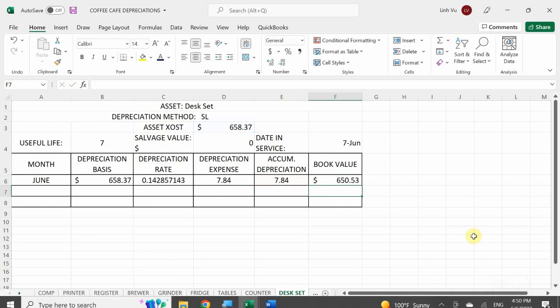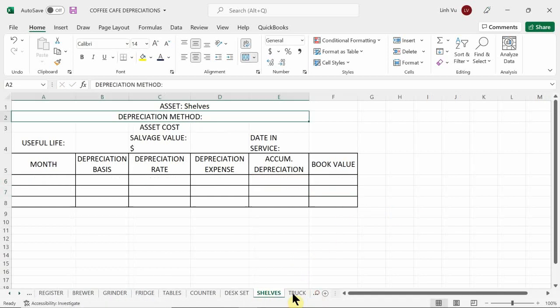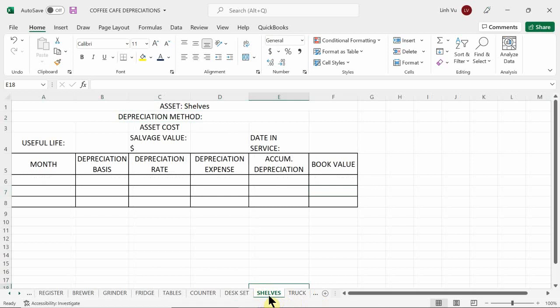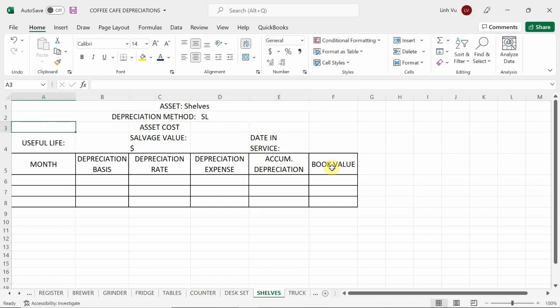And the last piece of furniture we have here is going to be your display shelves. So in this case, what method am I using? I am using straight line. We got 7 years on this with a salvage value of 0.